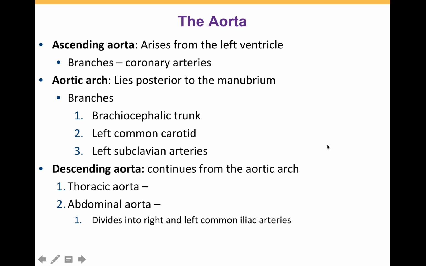Now, we are going to be talking about main branches of blood vessels associated with the heart. We're going to start with the largest of the blood vessels we have, which is called the aorta. Aorta is the largest branch that comes from a part of the heart called the left ventricle.